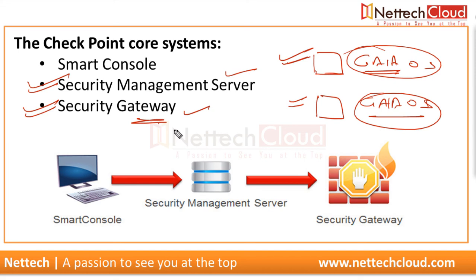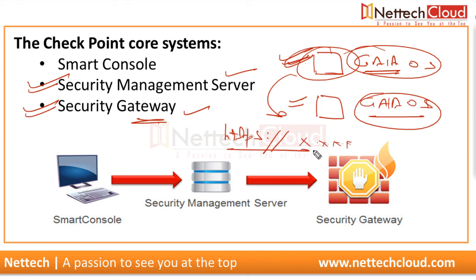Once you have successfully installed the Gaia operating system on the virtual appliance, we do the initial configuration from the web UI, https://, and then the IP address of Gaia OS.